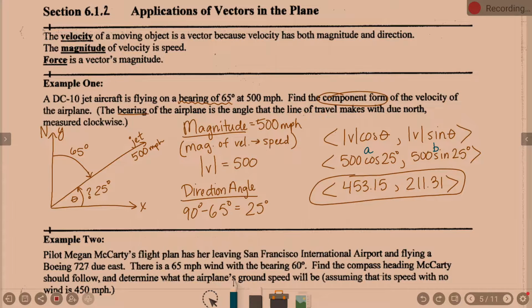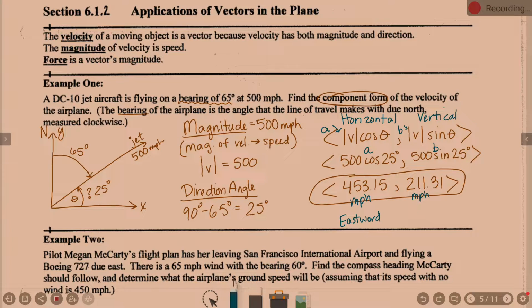A little bit of extra information to tag on. I keep mentioning A is the horizontal component, and B is the vertical component. These are both miles per hour. The horizontal direction is like going east and west, and if we're going to the right, that is eastward.